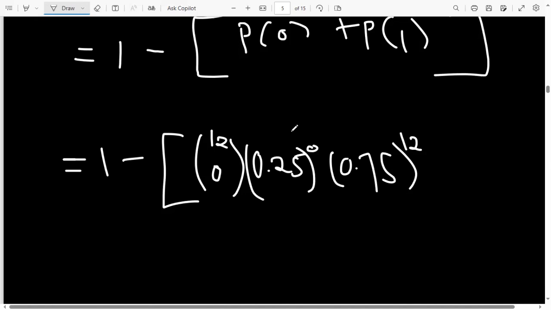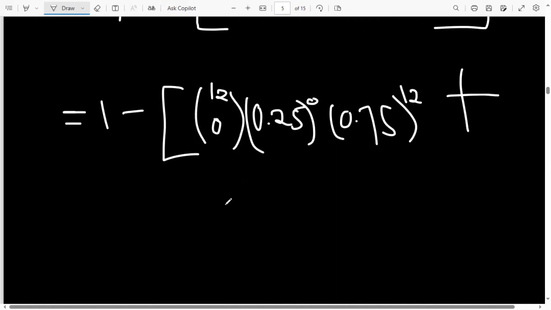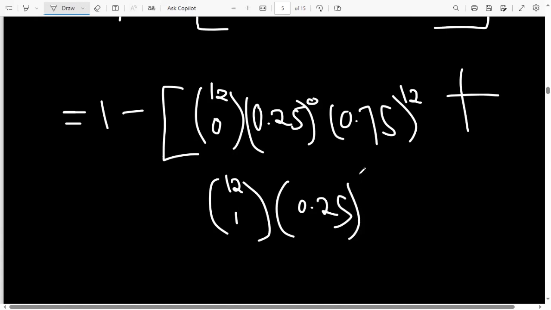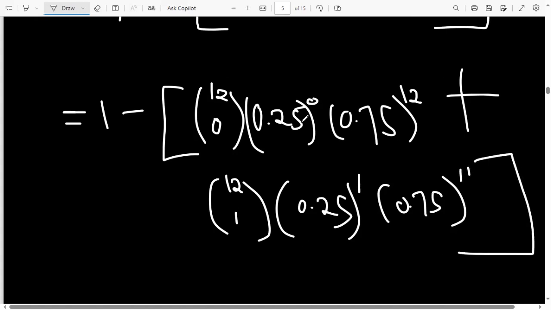So this is the probability of 0. And then we say plus the probability of 1. The probability of 1 will be 12 combine 1, and then 0.25 to the power 1, and then 0.75 to the power 12 minus 1, which will be 11. So we are saying 1 minus the summation of this.